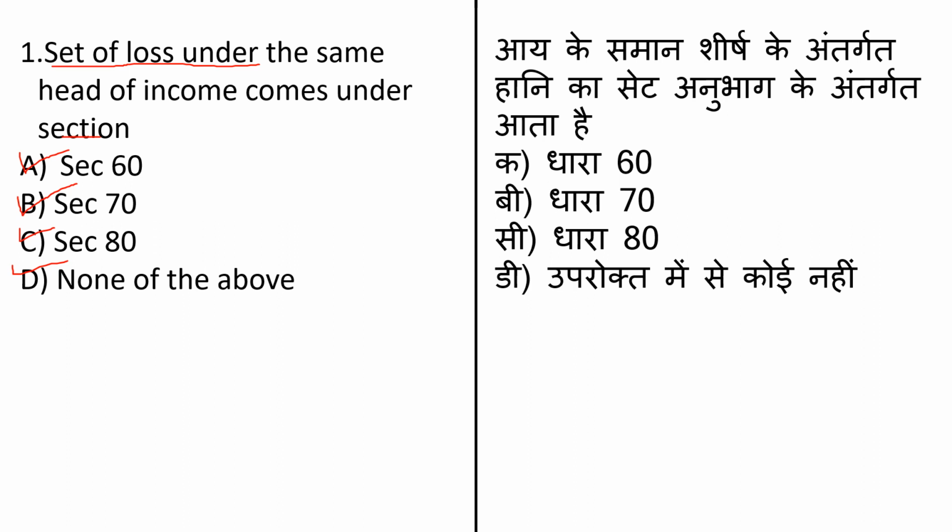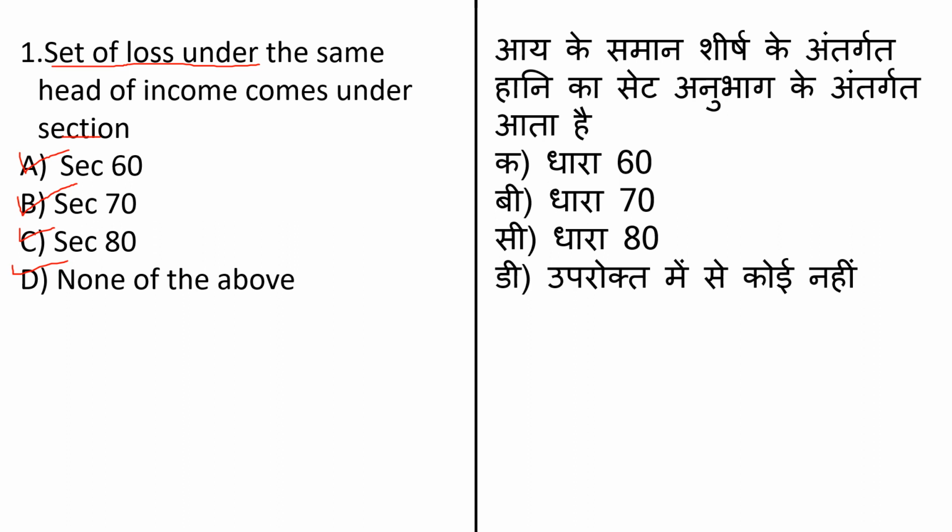Then is section 80. Here section 80C is one of the most popular and favorite sections among taxpayers as it allows them to reduce taxable income by making tax saving investments or incurring eligible expenses. It allows a maximum deduction of rupees 1.5 lakh every year from the taxpayer's total income.